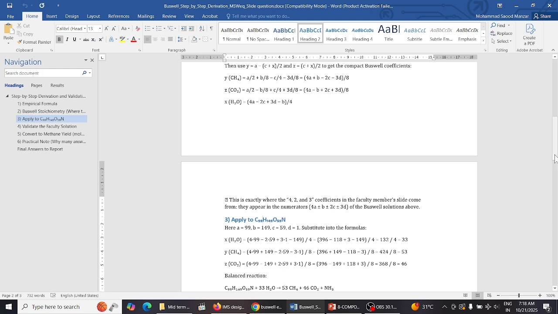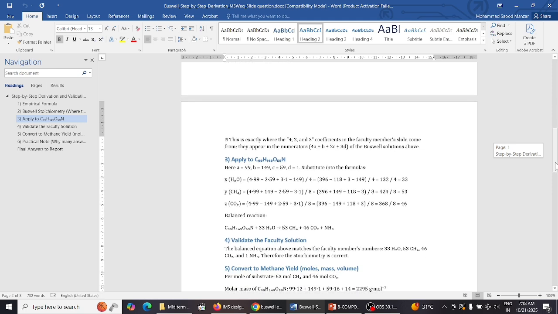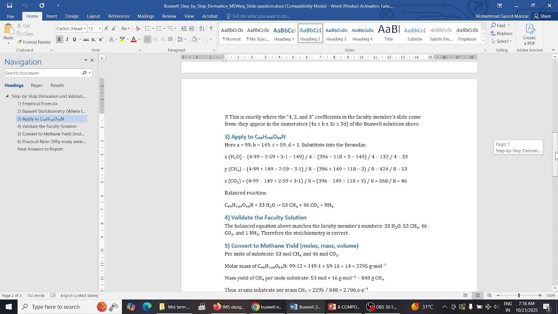The total mass is around 2296 or 2297, and about 2300 if we take the precise weight. This is going to yield around 53 moles of methane from the substrate.